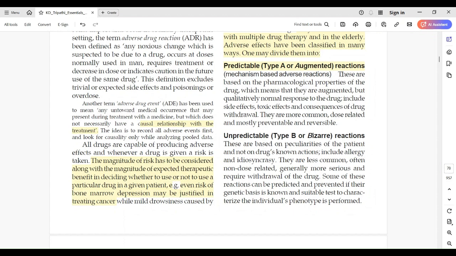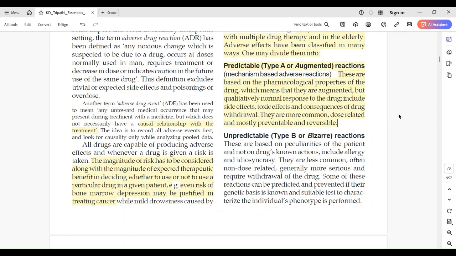They are based on the pharmacological properties of the drug, which means that they are augmented but qualitatively normal responses to the drug. This is a normal response, due to the pharmacological properties of the drug or the site at which it targets.